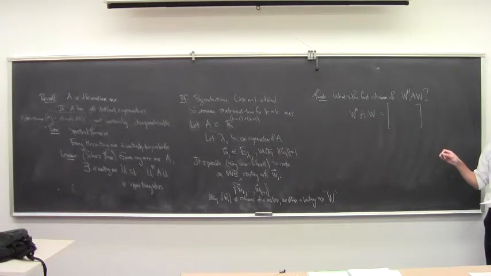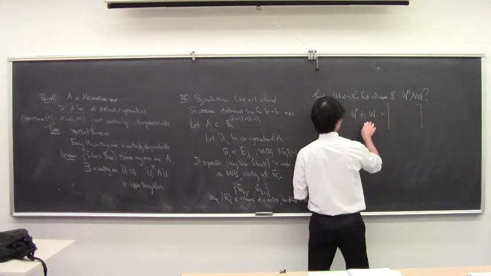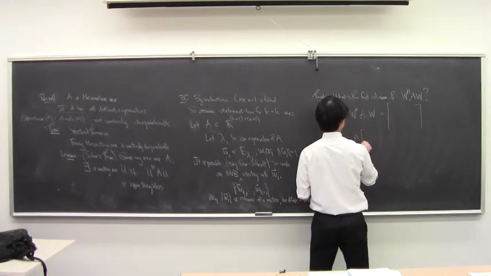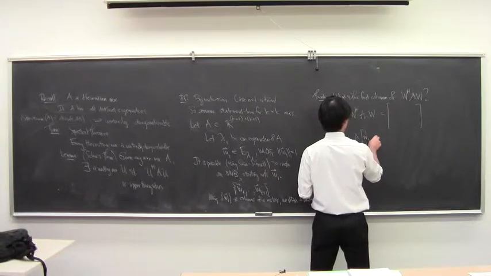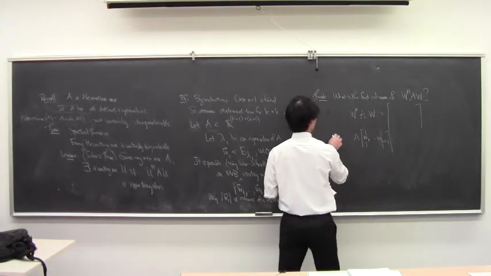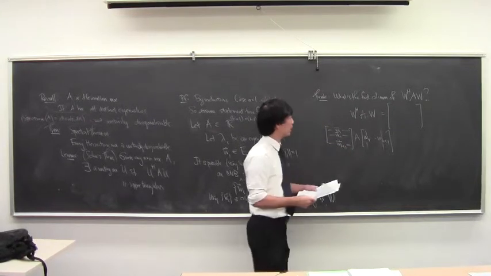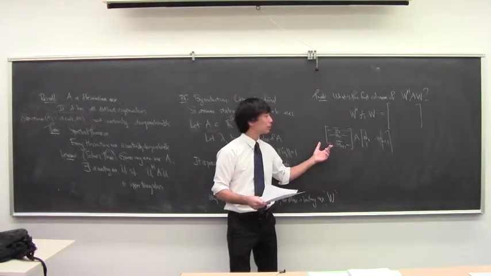Anyone guess? Remember what W is. W is the matrix with these vectors as columns, and then W^H is going to be W1 conjugate, right? You take the conjugate transpose.